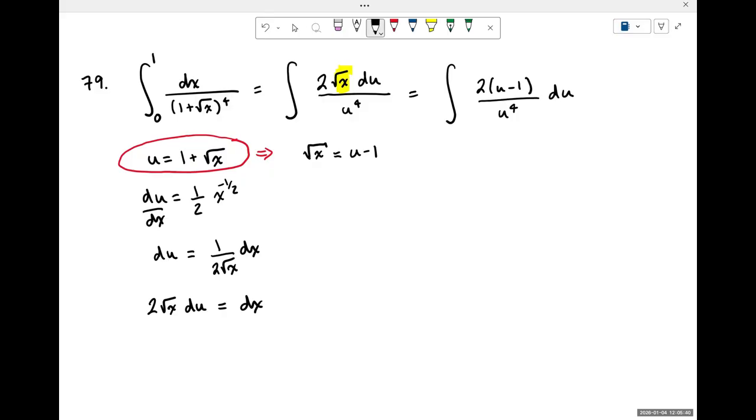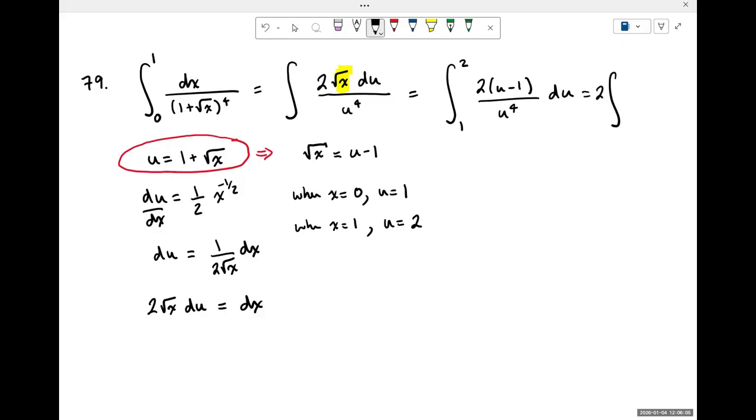I better check those limits and get that right. So when x equals 0, u equals 1, 1 minus 0. When x equals 1, u equals 1 plus 1, which is 2. So that's nice.